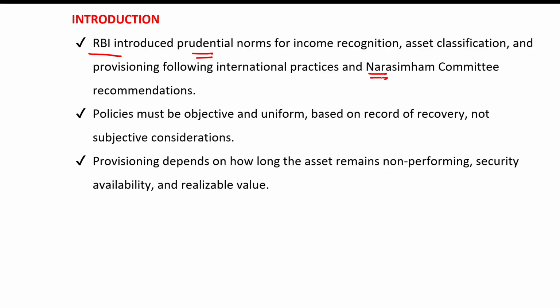They deal with three aspects. Number one, income recognition, how banks should record income from loans. Number two is asset classification, how loans should be categorized depending on whether borrowers are paying on time. Number three is provisioning, how much money banks should set aside to cover possible losses from bad loans.